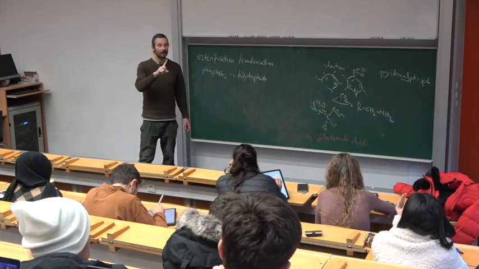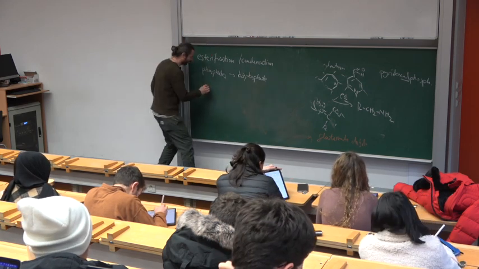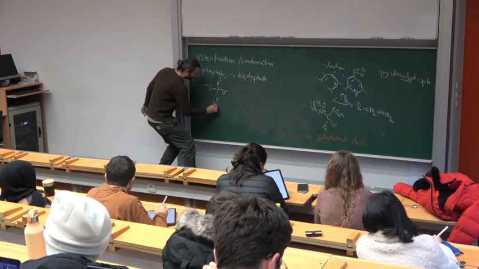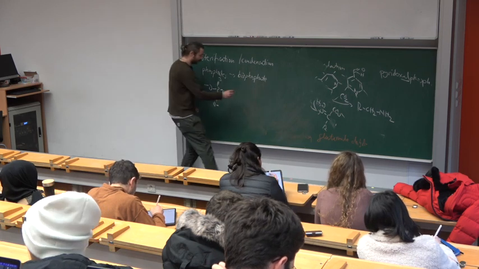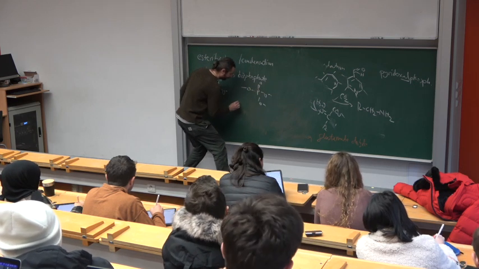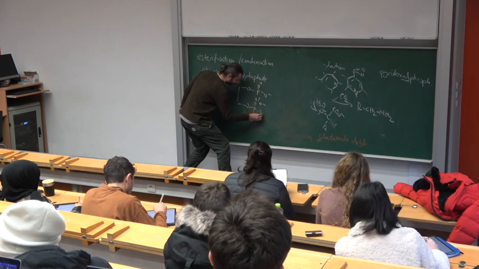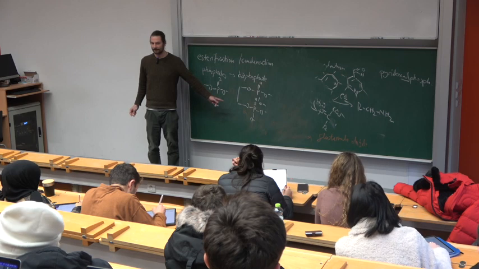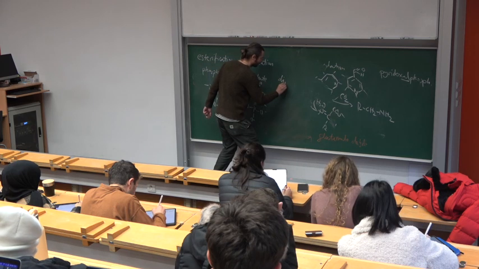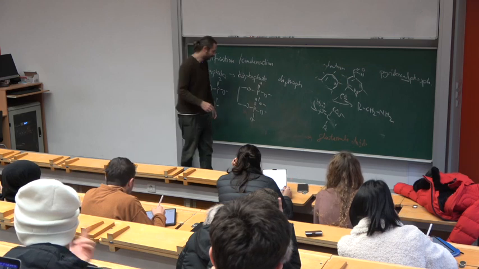A diphosphate means, so a phosphate looks like this. That's a phosphate. A bisphosphate will look like this. That's a bisphosphate. And a diphosphate is an anhydride.